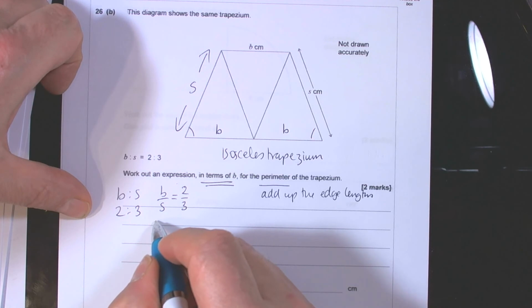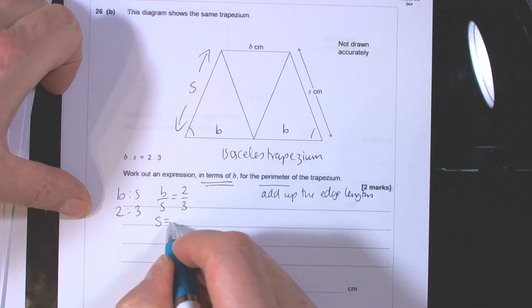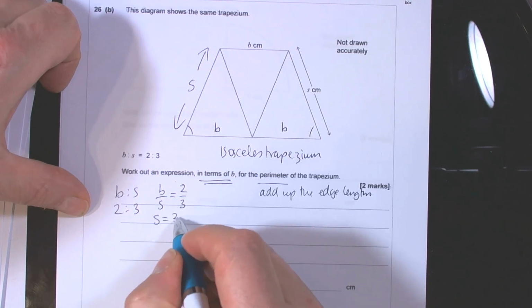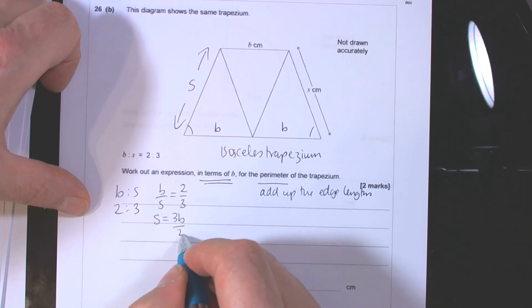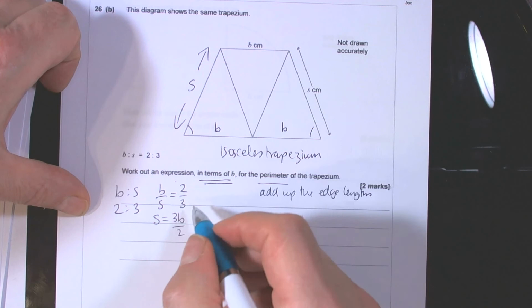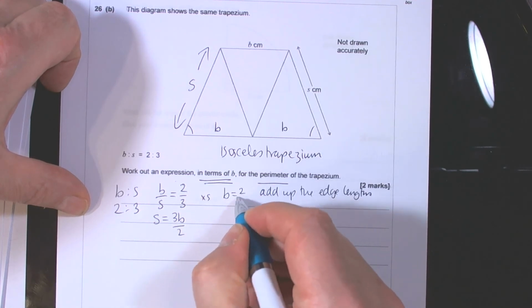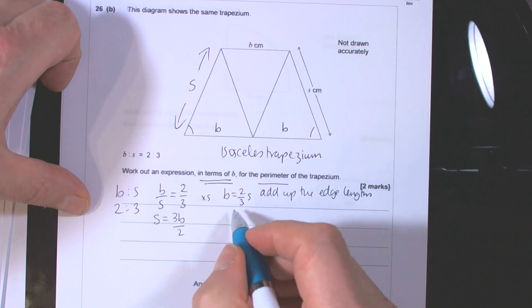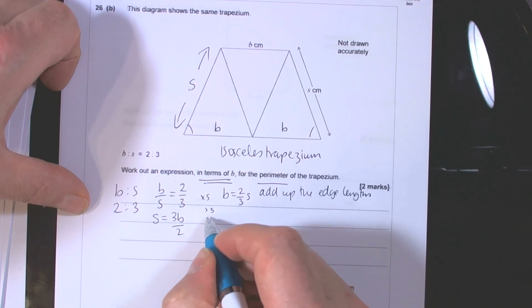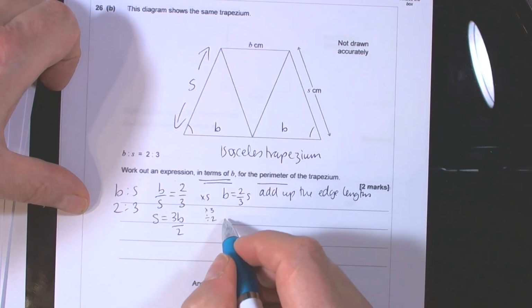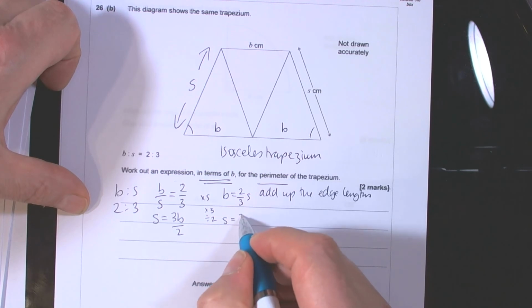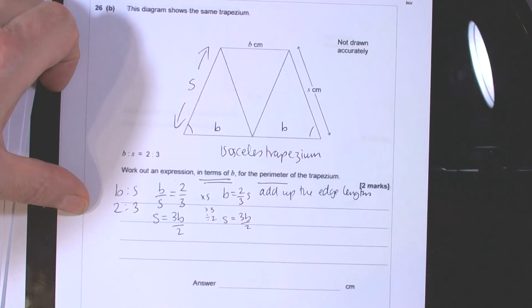So s is equal to, we times the 3 across and divide by the 2. So b equals 2/3 of s, and then we times by 3 and divide by 2. That gives me s is equal to 3b over 2.